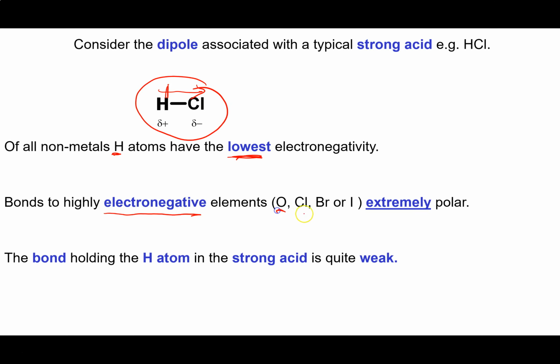Good examples would be oxygen, chlorine, bromine, iodine. These bonds are going to be really polar. Because the bond is so polar, the hydrogen atom barely gets any share of the electrons at all and is only weakly held to the atom that it's attached to. That is, the bond holding the hydrogen atom in a strong acid is fairly weak.